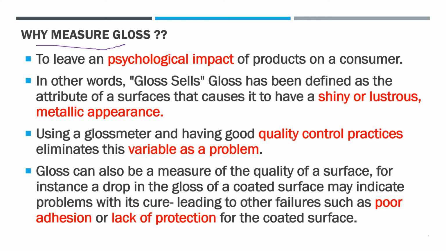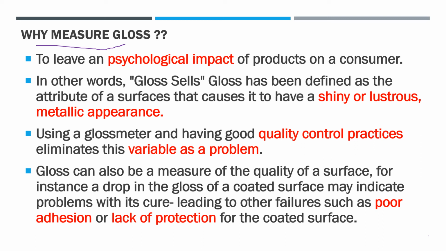In other words, gloss has been defined as the attribute of a surface that causes it to have a shiny or lustrous metallic appearance, means your surface is looking shiny, lustrous or metallic.